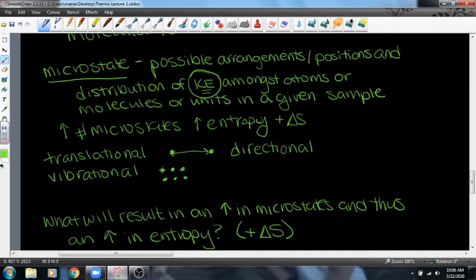We're not talking about how far this molecule moved across the room, especially not in a solid state. It's not moving across the room, but they are vibrating next to one another. So that's vibrational motion, with relation to other particles.